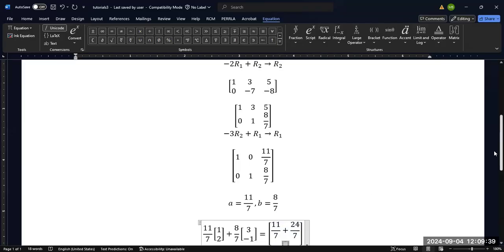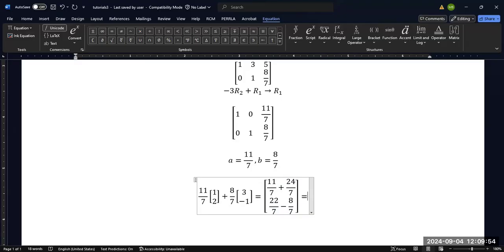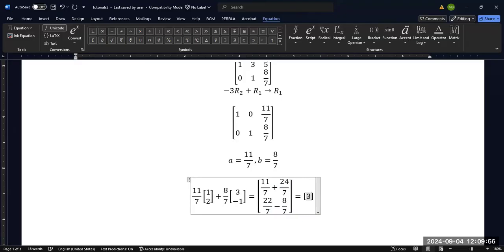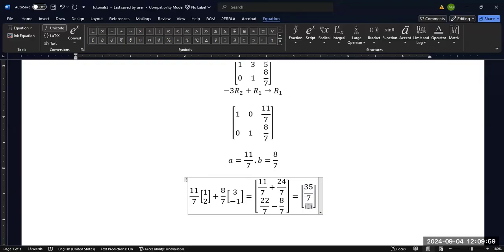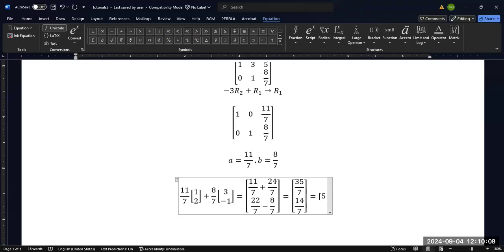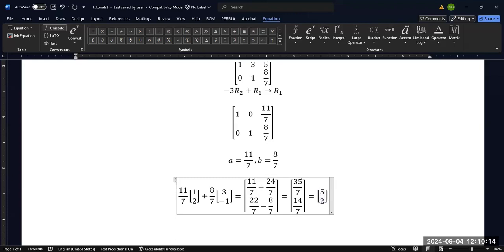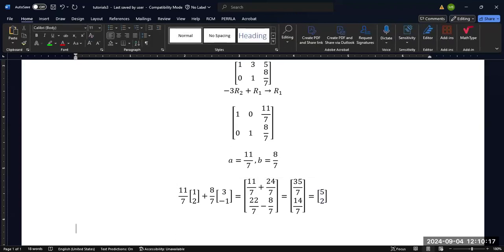And then on the second one, we're going to get 22/7 plus -8/7. And so up top, we're going to get 35/7. And on the bottom, we're going to get 14/7. And that's going to reduce: 35 divided by 7 is 5, and 14 divided by 7 is 2. So this is our proof that 5, 2 is in the span of our original 2 vectors.